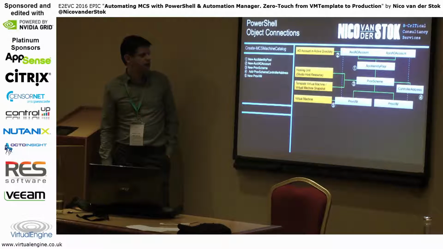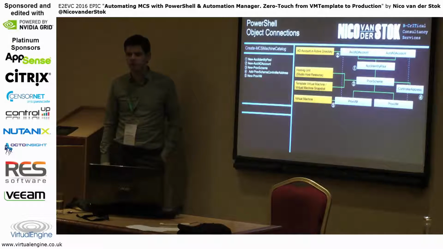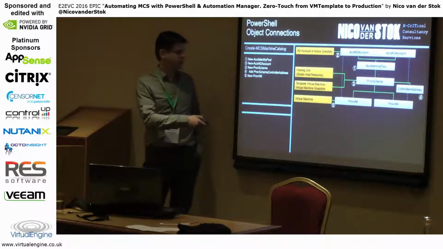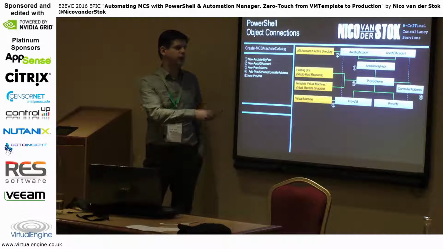Then, when you run the New-ProvVM command, the actual virtual machines will be created. One thing is you need to specify the provisioning scheme unique ID when you create these, because based on this, they know what to create it of.